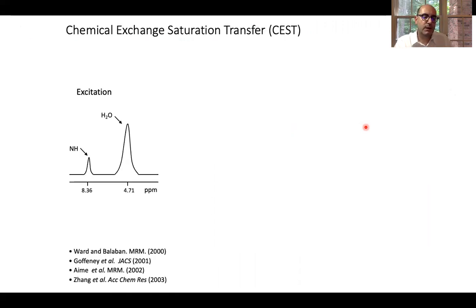So we've been working in my lab, since the early days of my research, on reporter genes that are based on chemical exchange saturation transfer, or CEST.